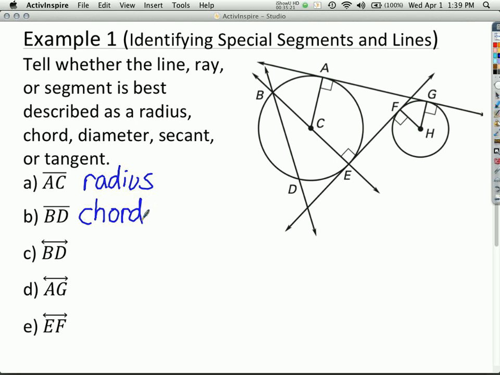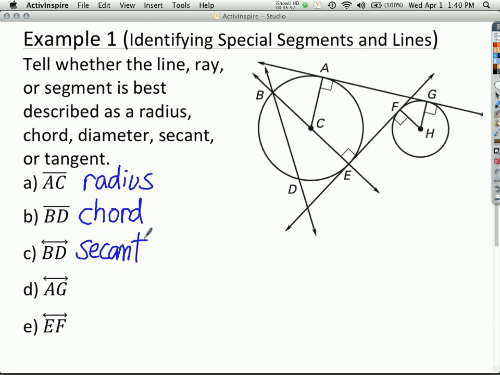I did try to trip you up a little bit with B and C. In part C, that's line BD, and, well, interestingly, I've got team C. Kayla, what did your team conclude the best name would be for that? A secant. So you guys propose that this is a secant. Everybody else, give me a thumbs up if you think the best name for that is secant. Good. A lot of you. All right, put your thumbs down.